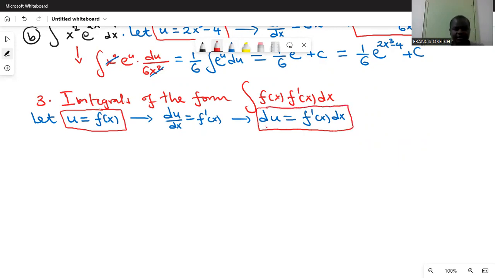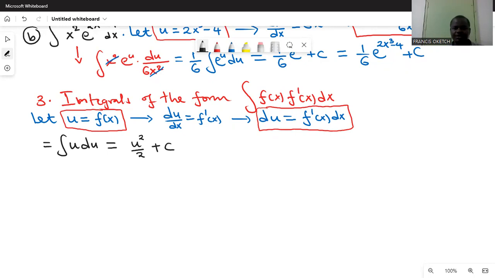So when you replace those in your integral, you're going to get this. The integral, instead of f of x, I'll write u. Instead of f prime of x dx, I'll write that as du. So you see this reduces now to power rule. And so this will be equal to u squared over 2, power rule, then plus a constant c.